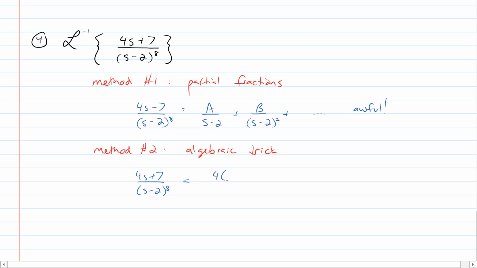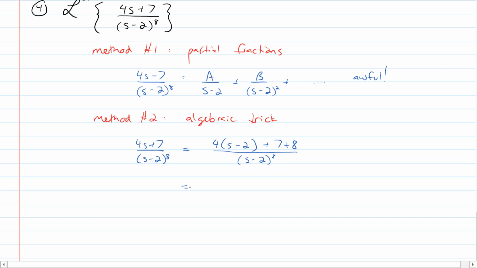It's 4s plus 7, but what I really want inside the brackets is an s minus 2. If you multiply that by 4, what we've done is we've subtracted 8, so I'm going to add an 8 on the outside to balance, to make sure that I have what I started with. If you want to check your work, just multiply out: 4 into (s - 2) is 4s minus 8, plus 7 plus 8 gives us our 4s plus 7 that we started with.